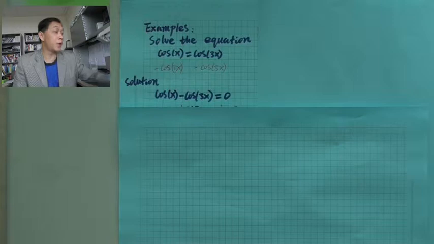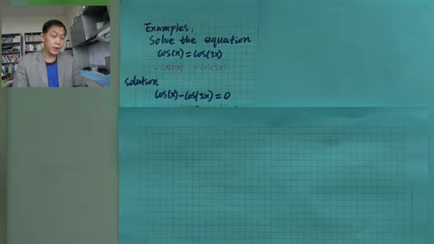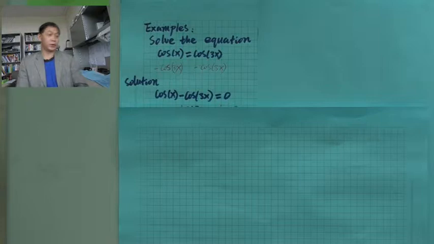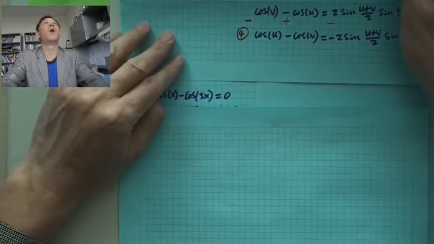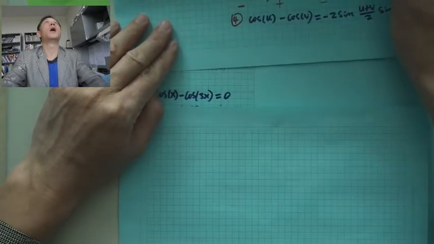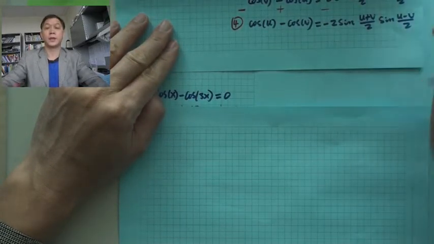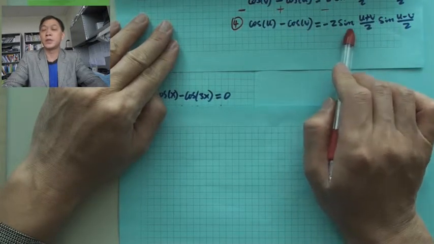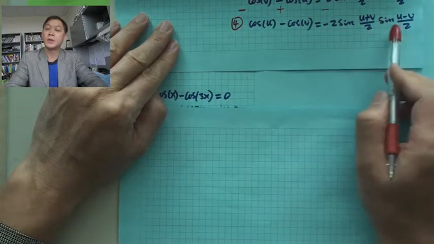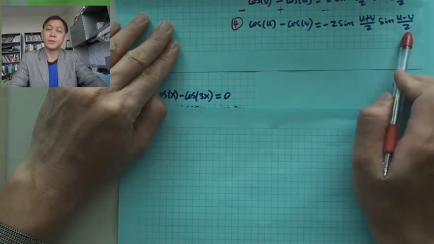Here the formula that comes into play is that the difference needs to be changed into the product. Then we have this formula 4: cosine u minus cosine v equals negative 2 sine of (u plus v) over 2 times sine of (u minus v) over 2.